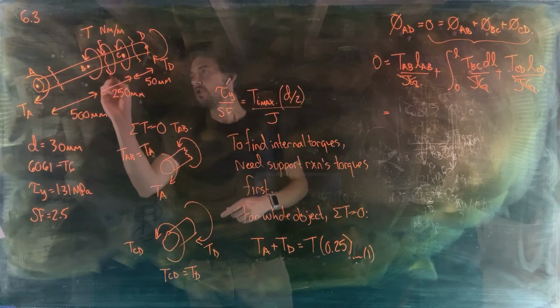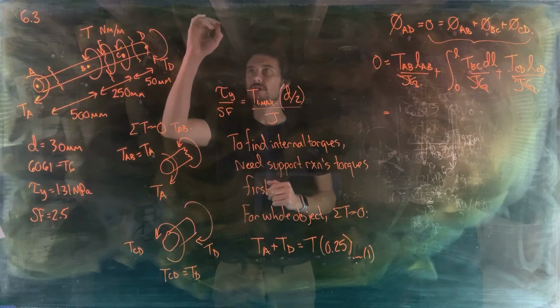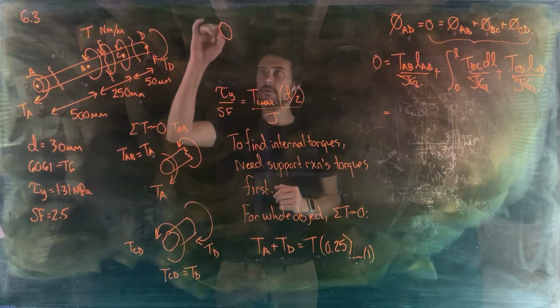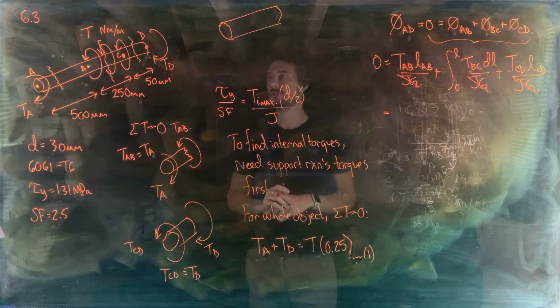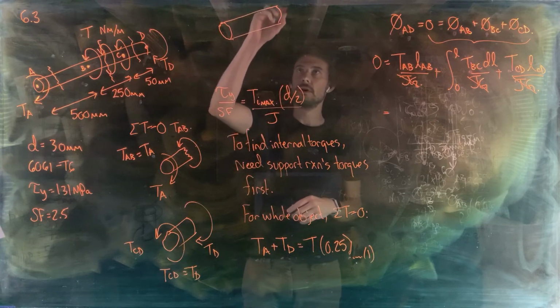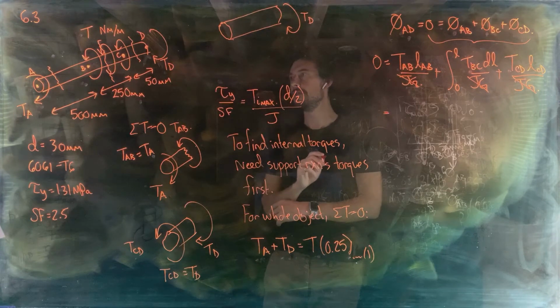Okay, so we'll do a section cut between B and C, and then I'm going to draw the right-hand portion of that rod. So we've got something like this, where our support reaction torque TD is around in that direction.